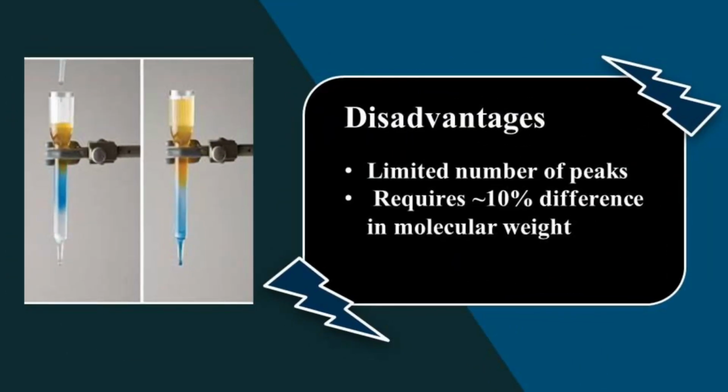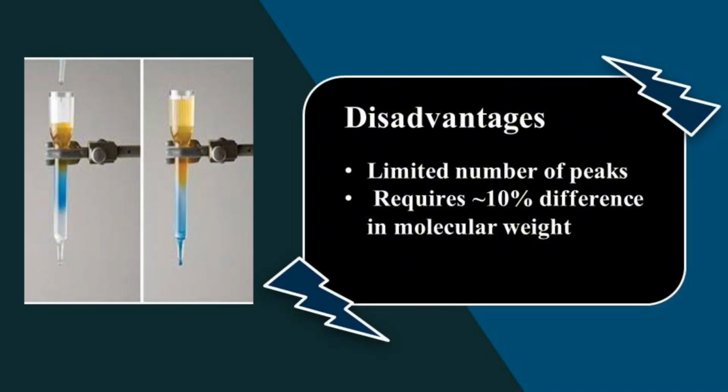While gel filtration chromatography offers several advantages, it also has certain limitations and disadvantages. Some of the key disadvantages are a limited number of peaks, and it requires about 10% difference in molecular weight.